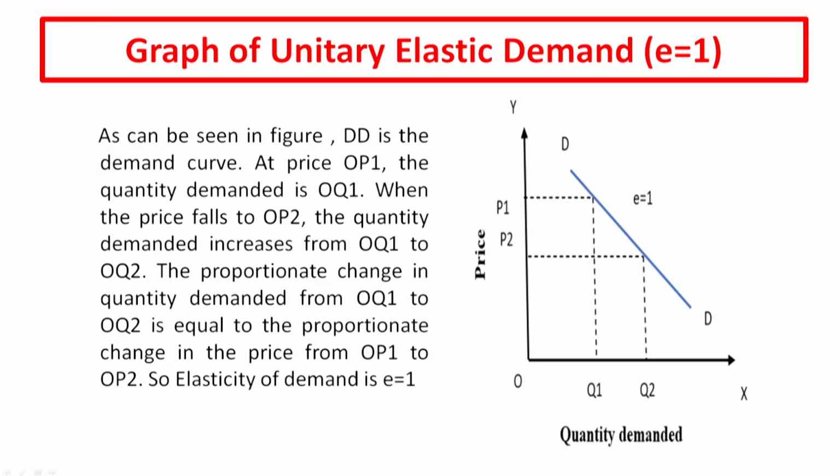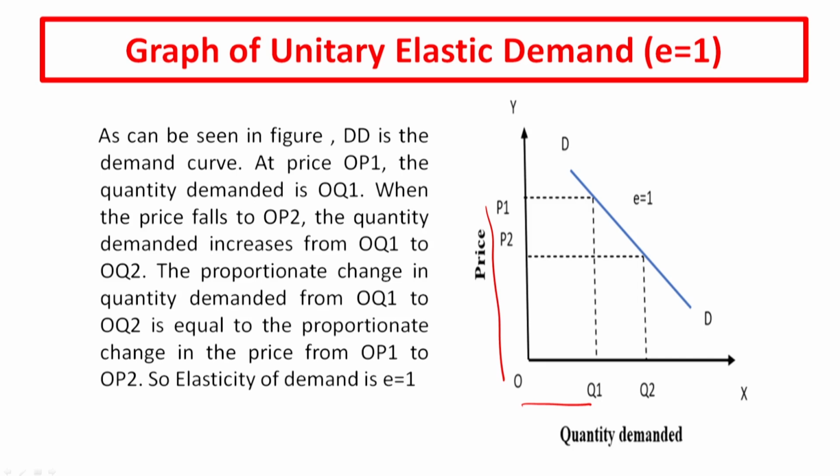The graph of unitary elastic demand, as you can see, the DD is the demand curve. At price OP1, the quantity demanded is OQ1. When the price falls to OP2, the quantity demanded increases from OQ1 to OQ2.